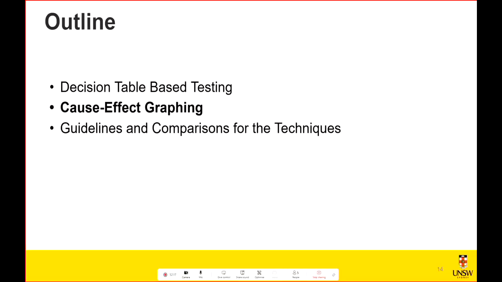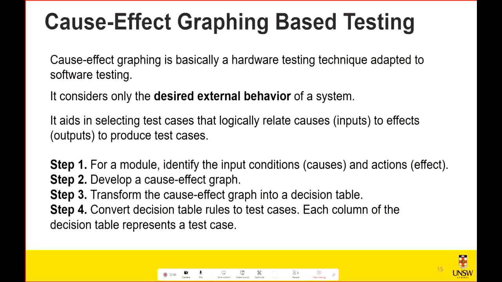They are like hardware, so it is actually a hardware testing technique which leads to the modern design of decision table based testing. But we are still learning it because it can help us to understand why decision tables can capture the logical relations between causes and effects, or the conditions and actions. So let's continue to this.